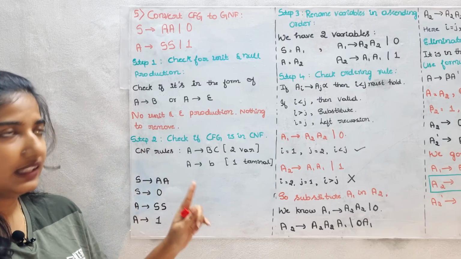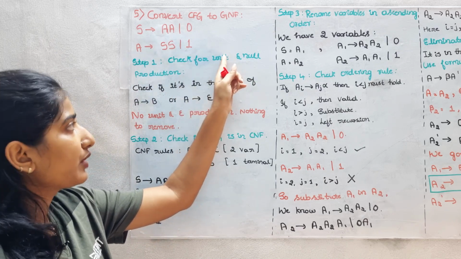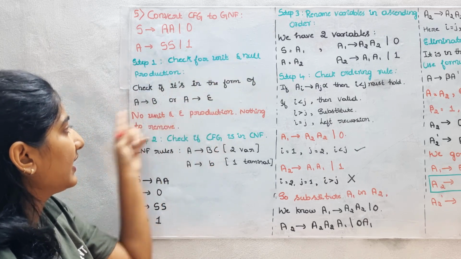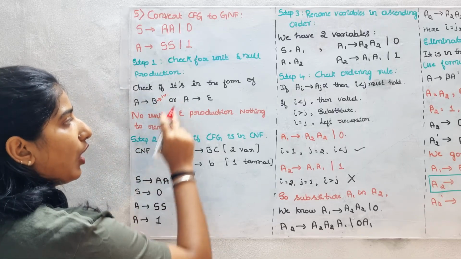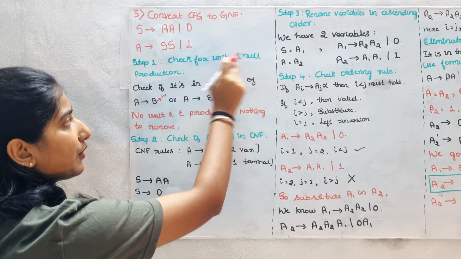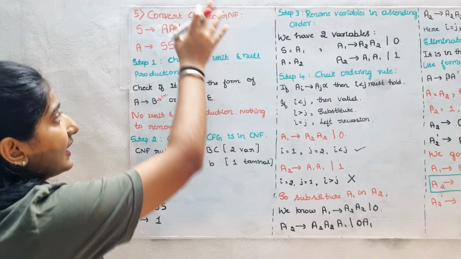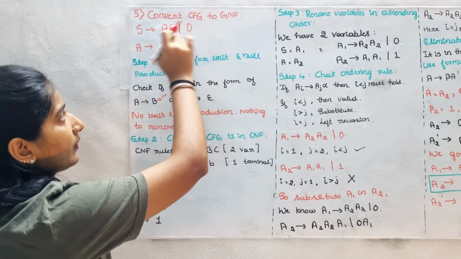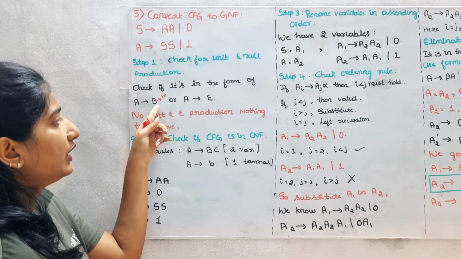So step 1, we have to check for unit and null production. Unit production means it will be in the form of A derives B, which means in the right hand side there is one variable, or null production means it is in the form of A derives epsilon. Is there any production in this form? S derives AA, two variables, so not a unit production.